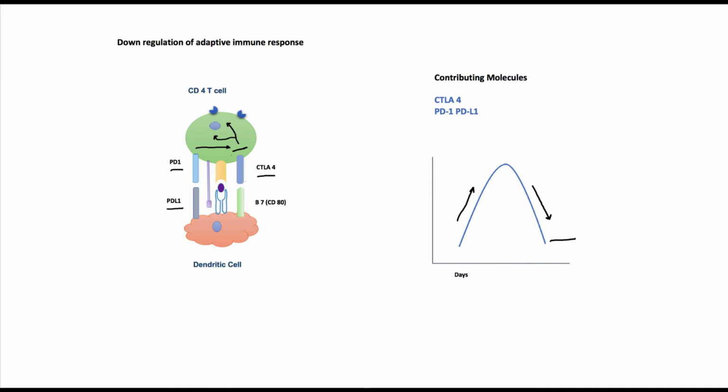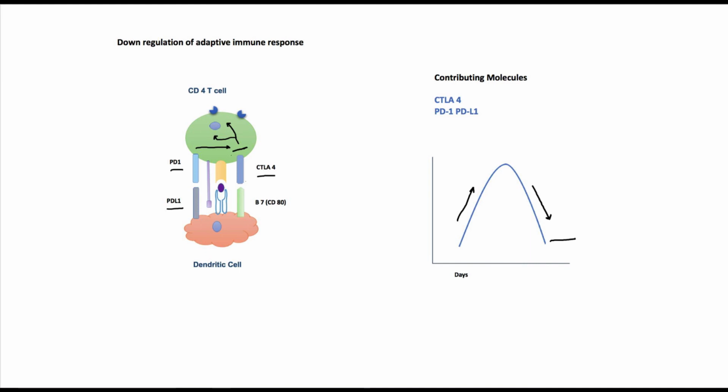These cells can also present antigens on HLA class I molecules to CD8 T cells. So dendritic cells present antigens to both CD4 and CD8 T cells that result in activation of these cells.